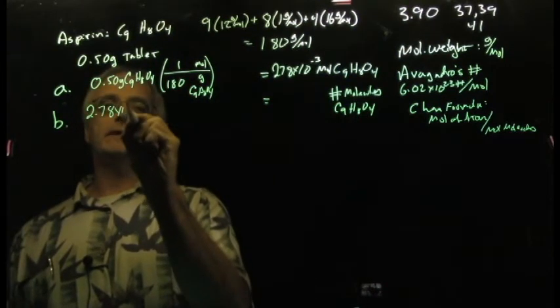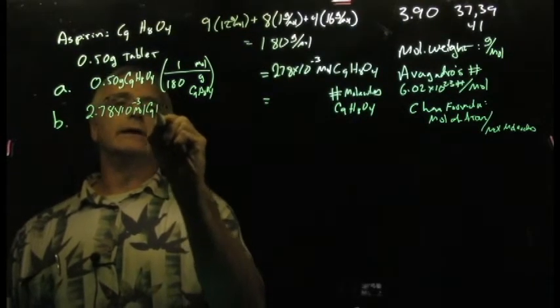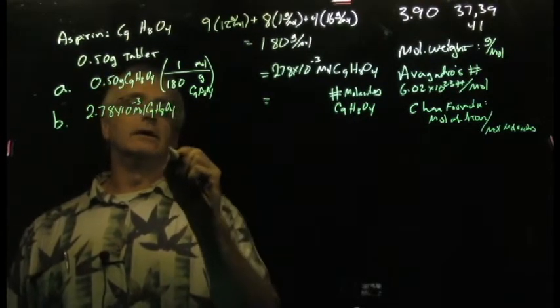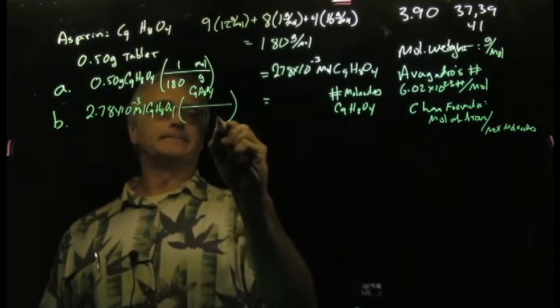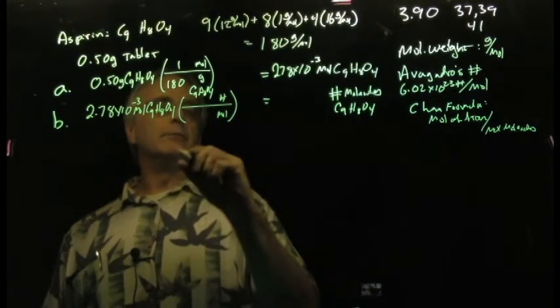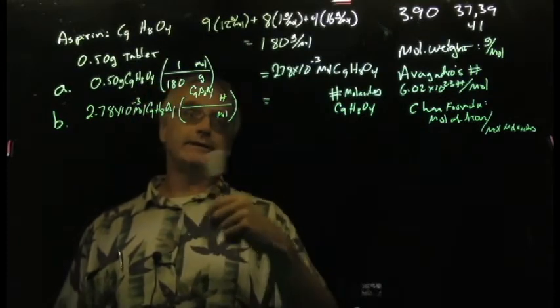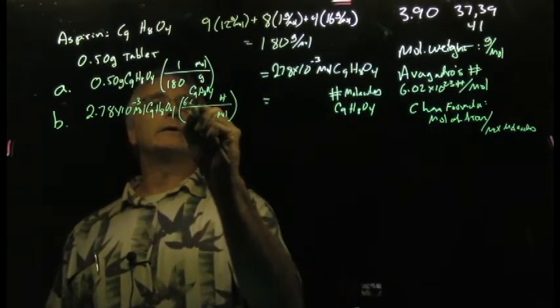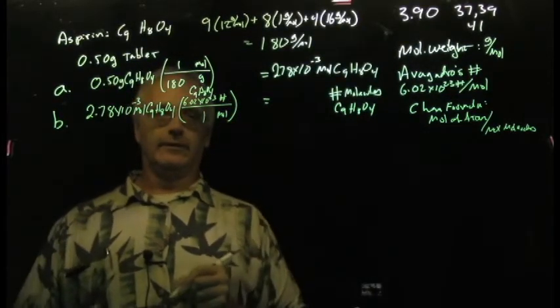2.78 times 10 to the negative third moles of C9H8O4. Well, moles are going to go away. Number of things are going to show up. And remember, Avogadro's number is the number of anything, including C9H8O4. 6.02 times 10 to the 23rd, number of anything in 1 mole.